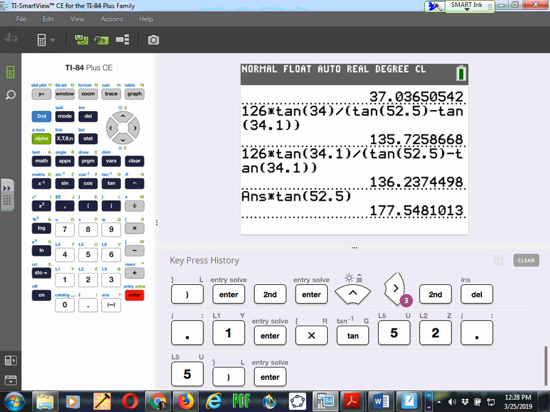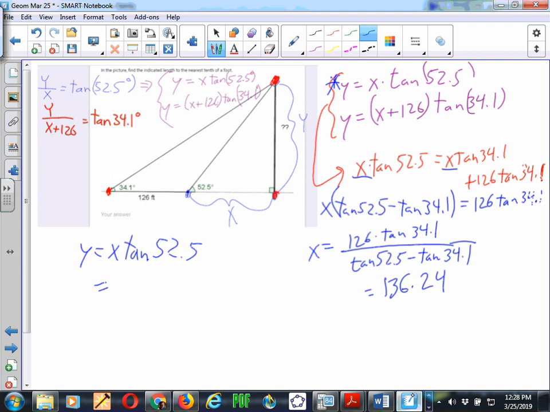So rounding it to the nearest tenth, according to the instructions, I get 177.5. And so that would be the answer that I put in. So y is 177.5 feet. But on the answer document, I just asked you to put in the actual number, 177.5. So that'll be the answer we submit.